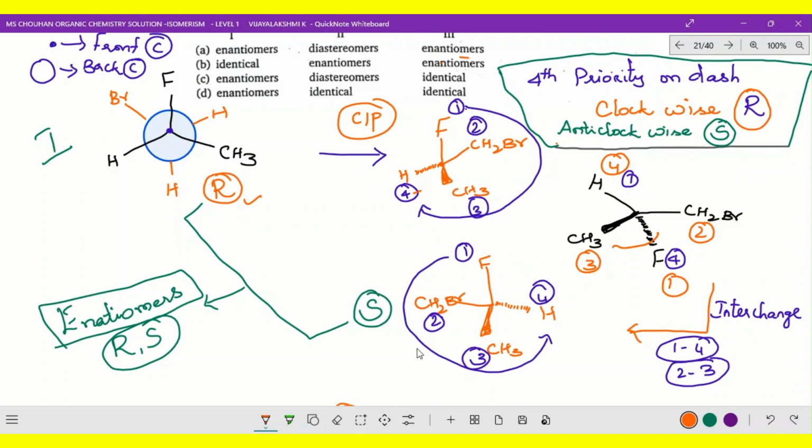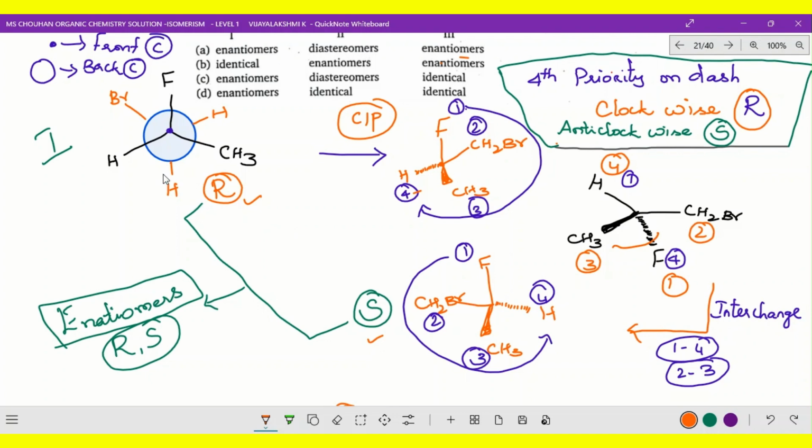Now it is anti-clockwise. Usually when changes take place, the rotation also changes, clockwise to anti-clockwise. First we saw it here, now it totally changes. So here it is anti-clockwise, which means S.